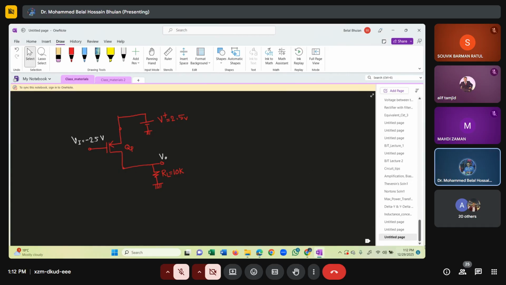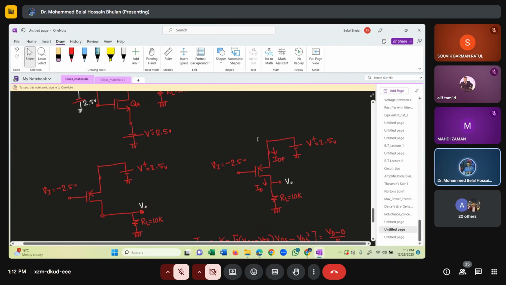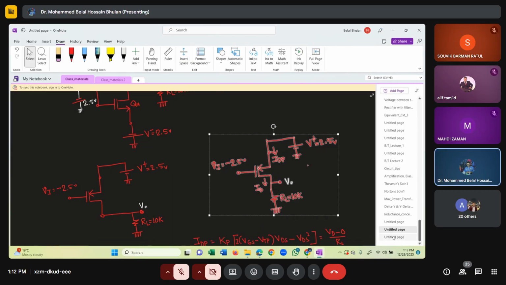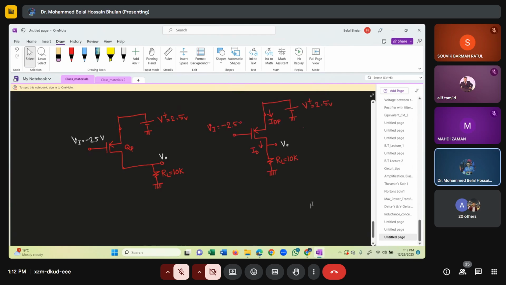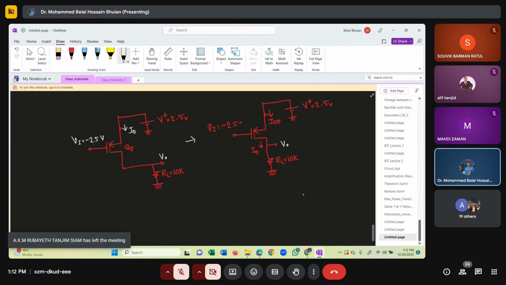If we simplify this, it will look like this. This is our IDP. This is our drain VD. Same step.